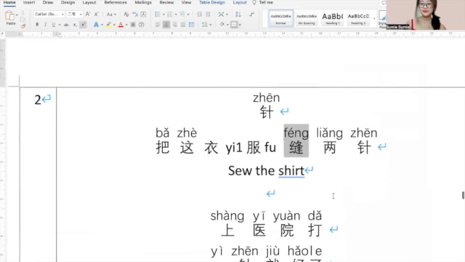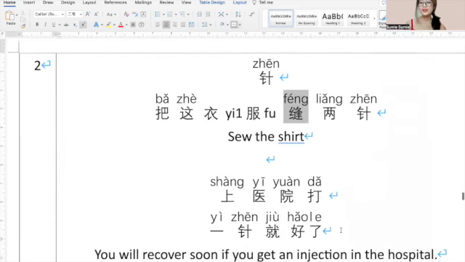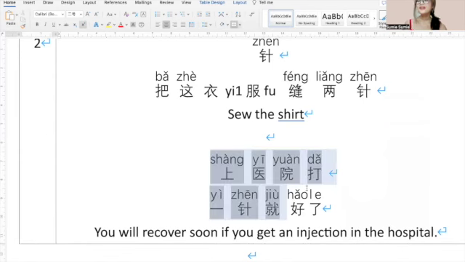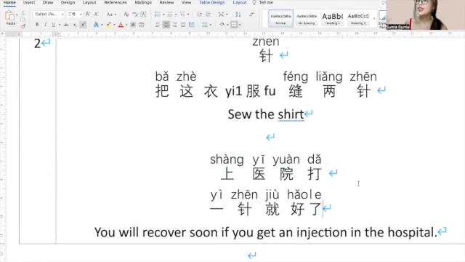Or we may learn this one. 上医院打一针就好了。That means if you're not feeling well, you may go to the hospital and then the doctor will give you an injection and then you will be fine.